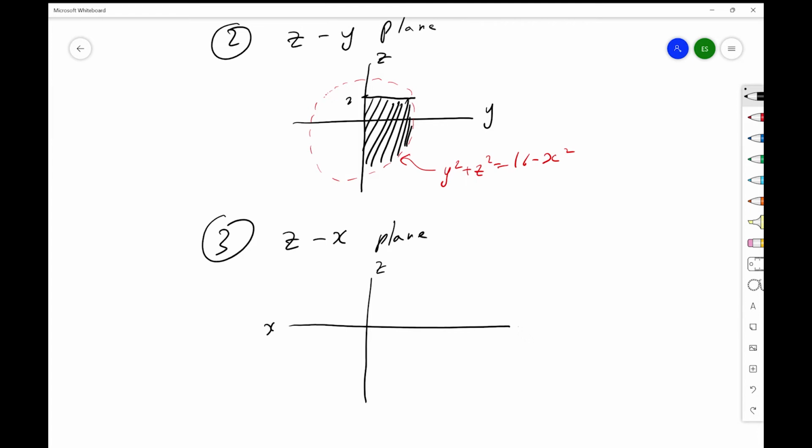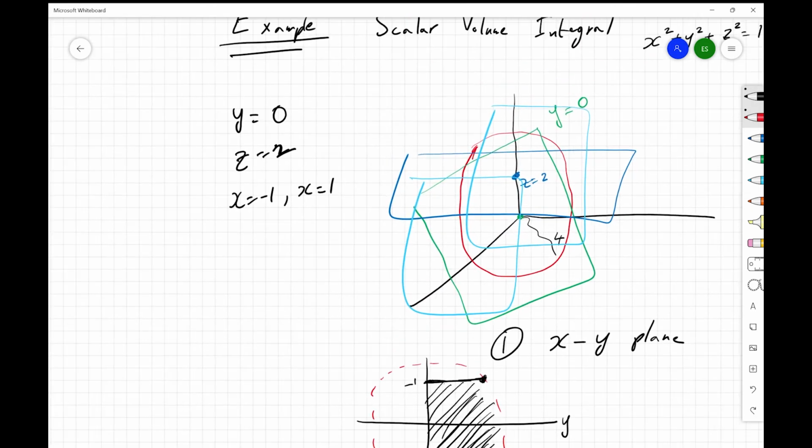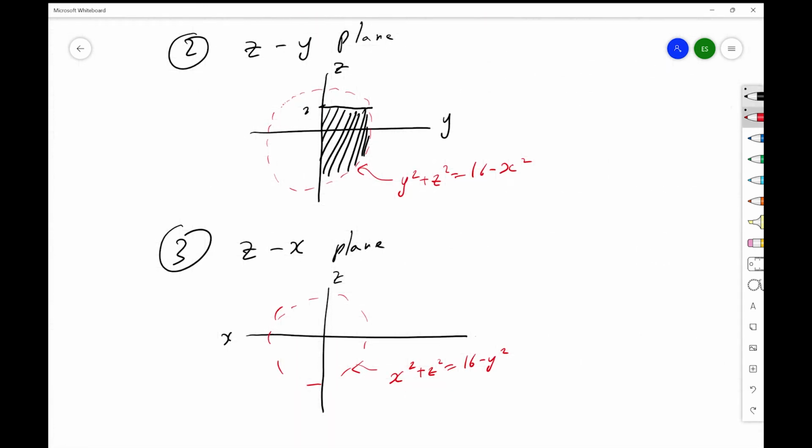I'm looking at it from the side. So again, same thing. The slice of the sphere is this, and it has the equation x squared plus z squared equals 16 minus y squared. And again, we said z equals 2, so we are at z equals 2 here.